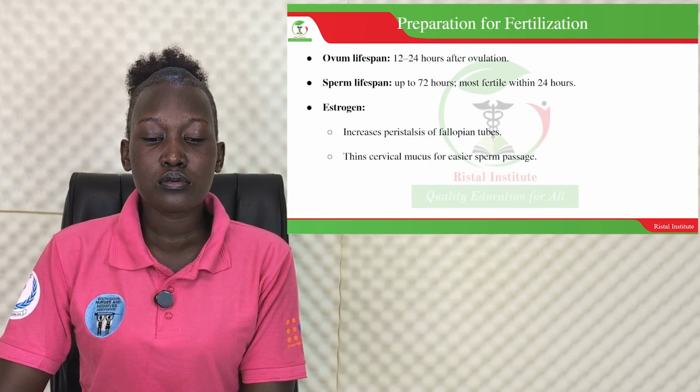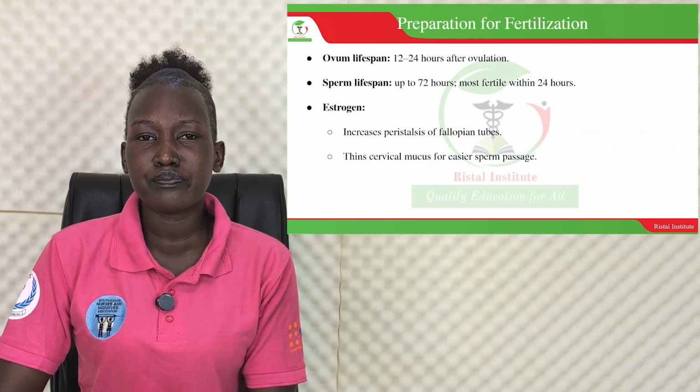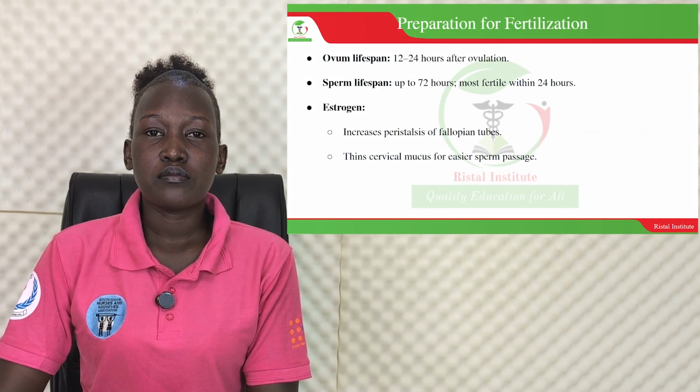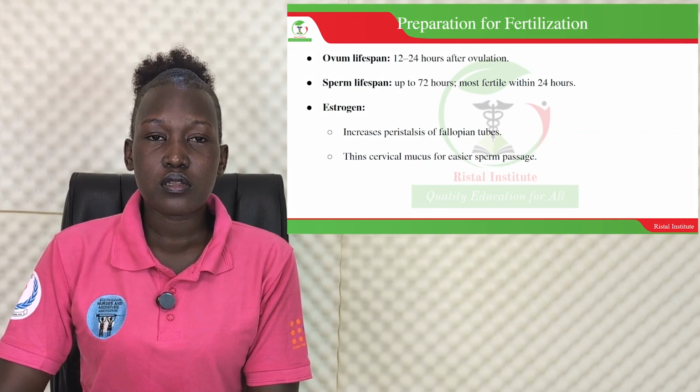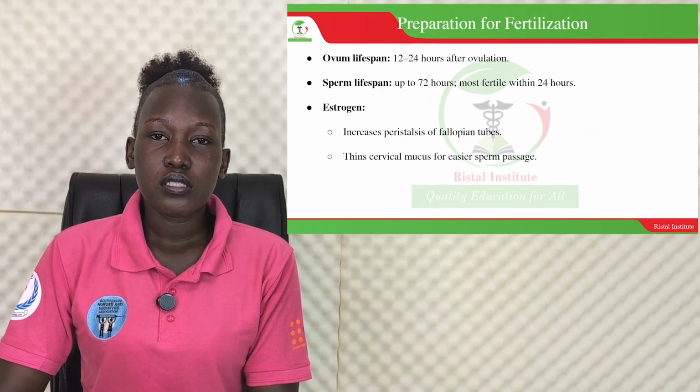It also helps to reduce friction and reduce the acidity of the cervix and the vagina, so that the sperm is not stuck along the pathways as it goes towards the fallopian tube.